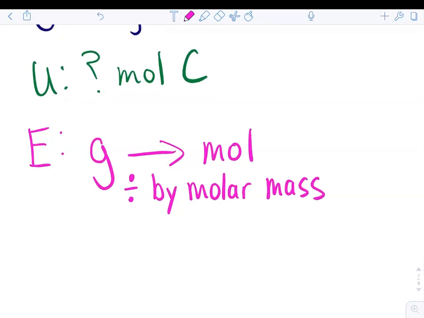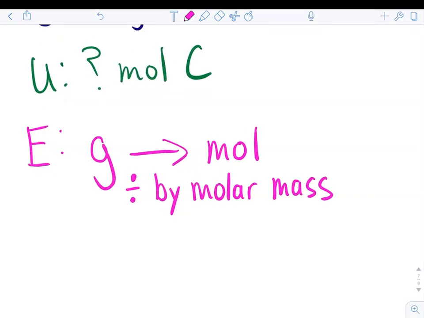And remember, I'm writing that on the bottom because that means that's where it's going to go in my fraction. And so in this case, we're going to have so many grams equals 1 mole. So again, the number 1 is going to be with the mole.